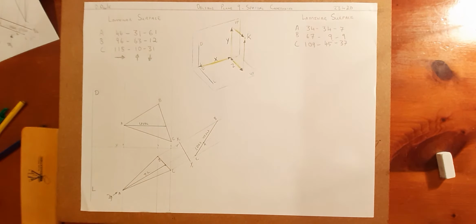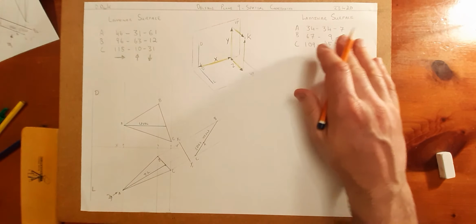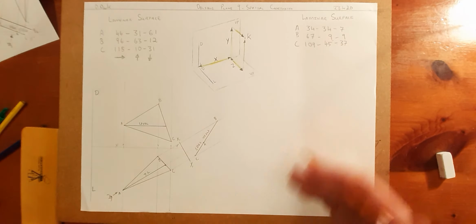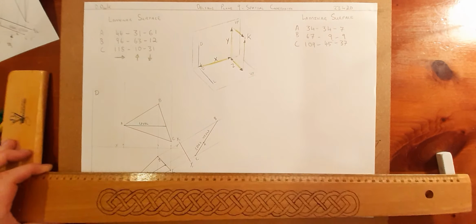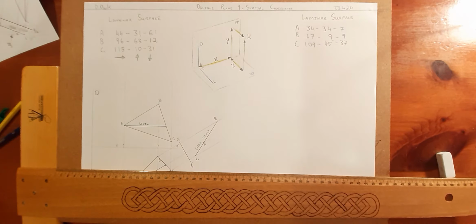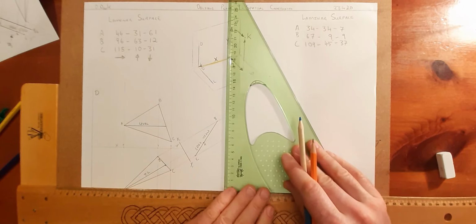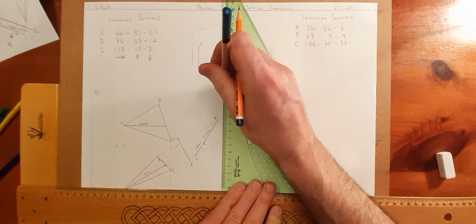Okay, so we're going to do one more. This time with this laminar, I'm going to want to find the true shape. So again, we'll set up a datum line to measure off. And we'll keep it as close over here as we can.